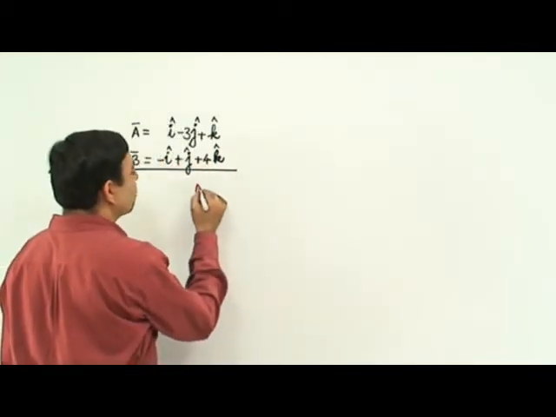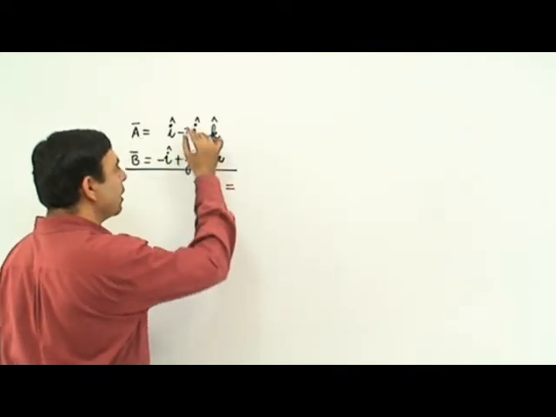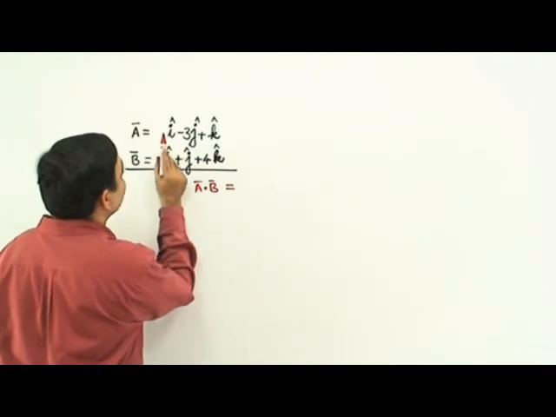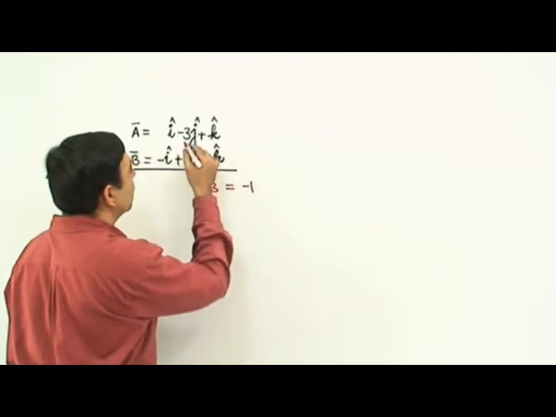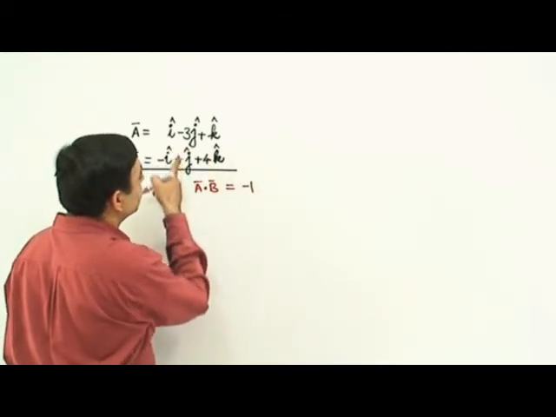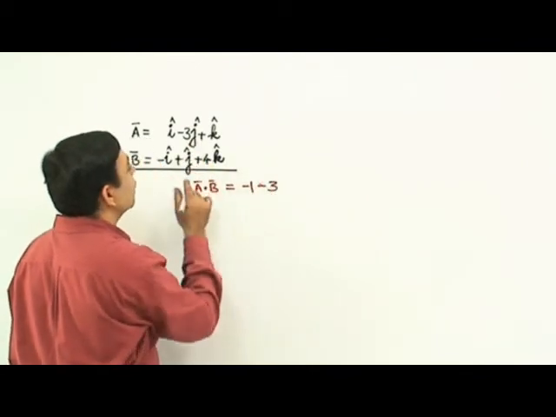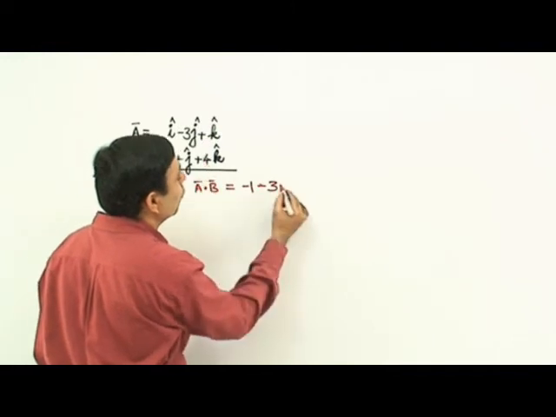What is A dot B here? Dot product means i with i, j with j and k with k, all others are 0. Here see 1 into minus 1, that is minus 1, i dot i is 1, minus 3 into 1 is minus 3, and then j dot j is 1, 1 into 4, 4 plus 4, so this is 0.